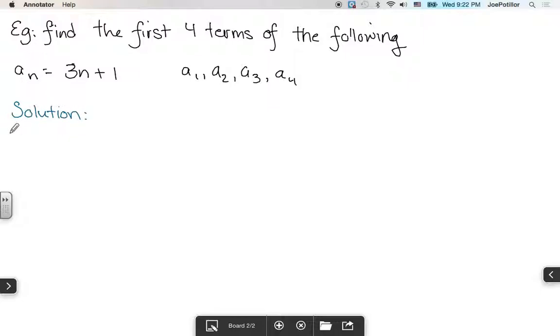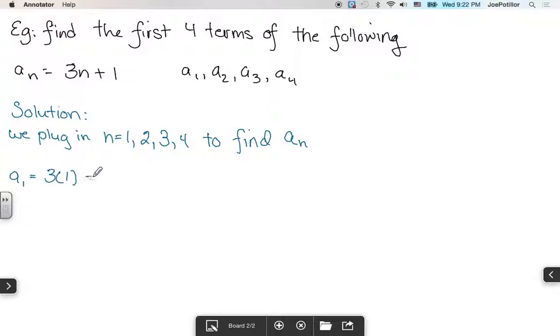So we plug in: A sub 1 is equal to 3 times 1 plus 1, which is of course 4.